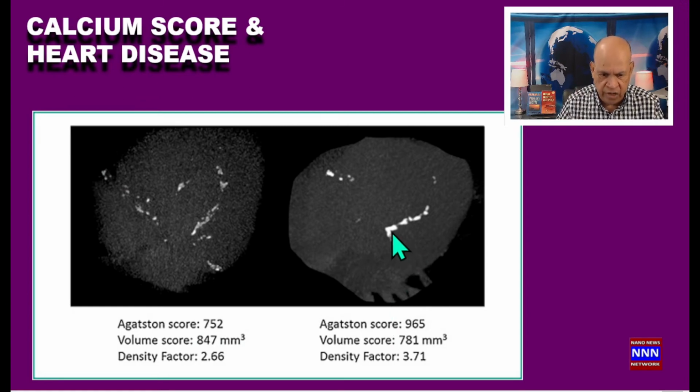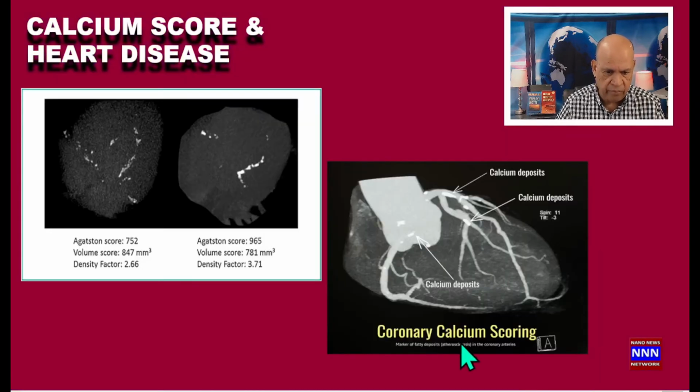And here you can see heavy calcification in the coronary arteries, showing that there is a significant amount of calcium, and the calcium score is 965. This carries a worse prognosis compared to a person with a calcium score of, say, like 200 or 400. So that is an important distinction to make.